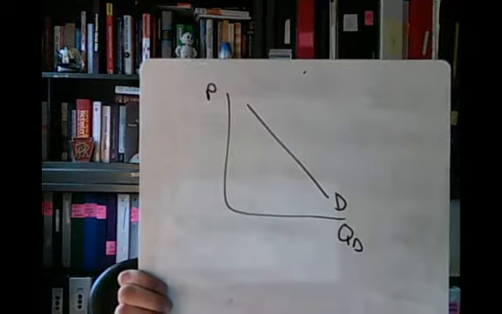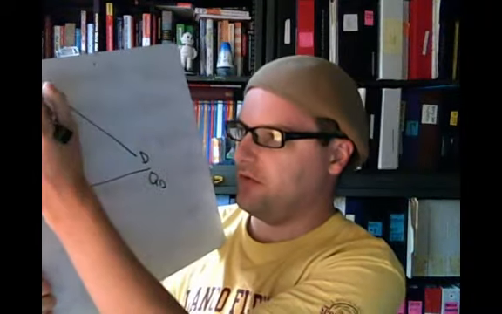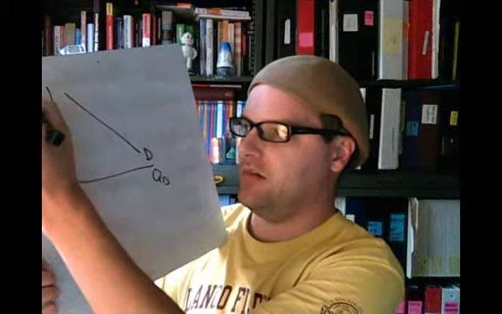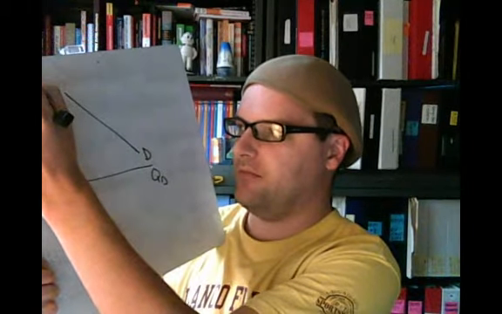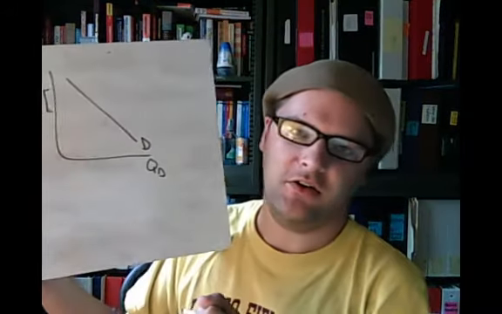So we can see here that for this product it obviously has a constant slope. It's a straight line. But if we were doing the slope, we'd be talking about a number here. Let's say it's going from 15 to 10, then we'd be talking about a change of 5.